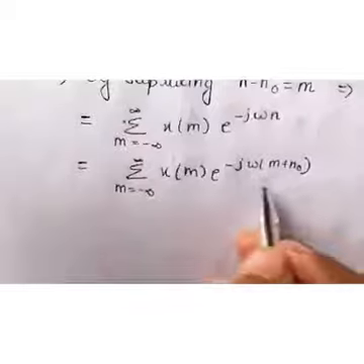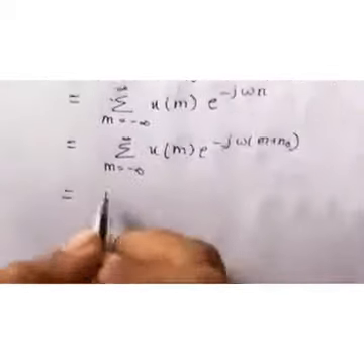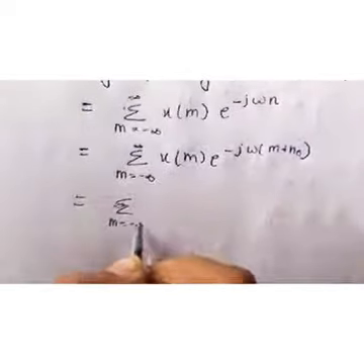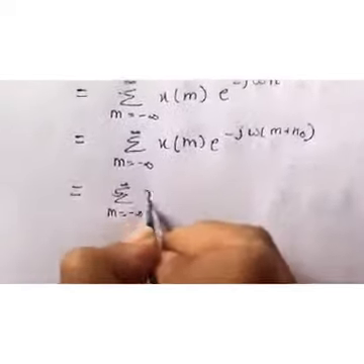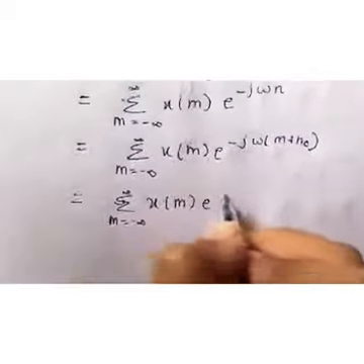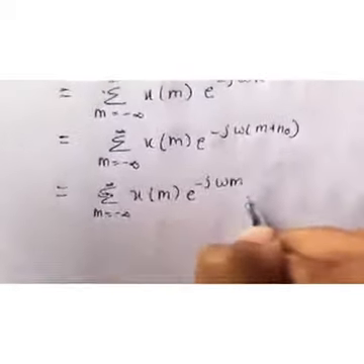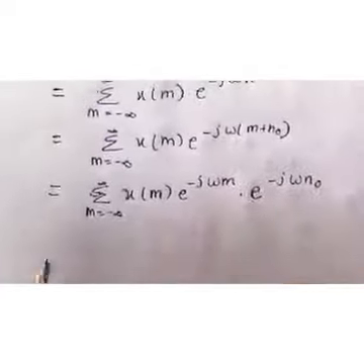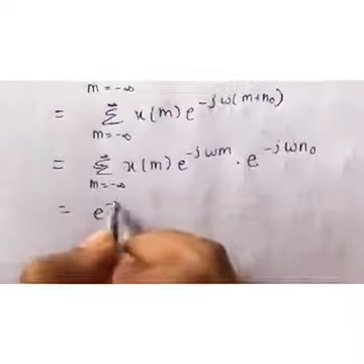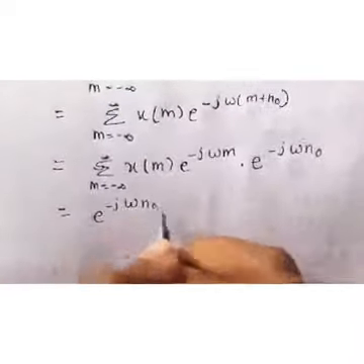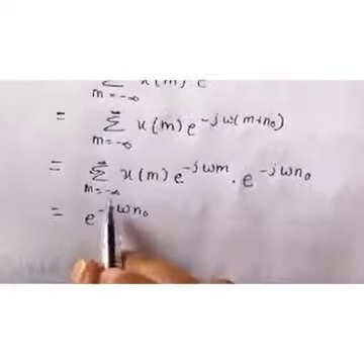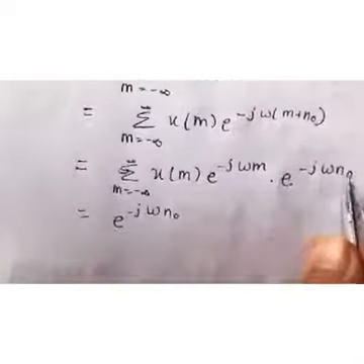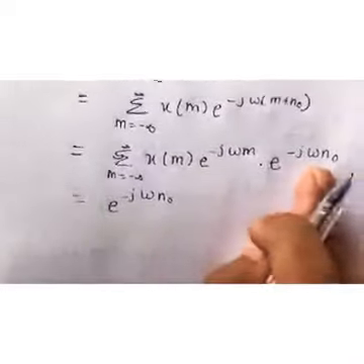By separating these terms, the summation is over m, and e to the power minus j omega n naught behaves as a constant for that.